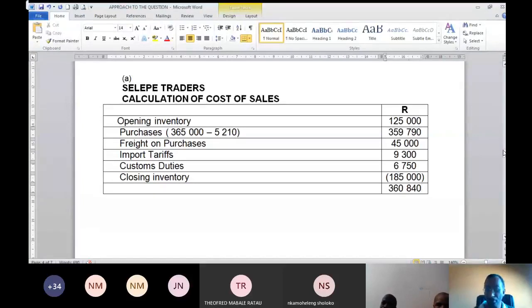Calculation of the cost of sales. Okay, that part of the question paper counted 7 marks. Remember, for purchases, we are looking for net purchases. Net purchases is equal to purchases minus purchases returns minus settlement discount received. In this question, there was no purchases returns. Therefore, net purchases was purchases minus settlement discount received.